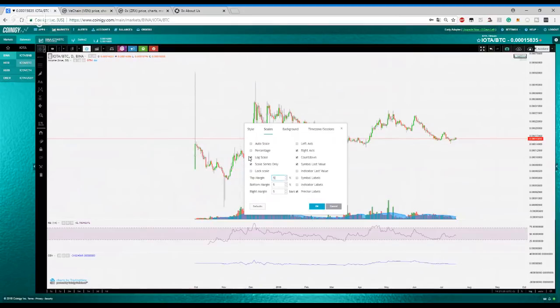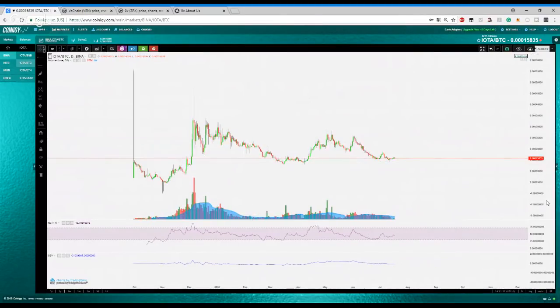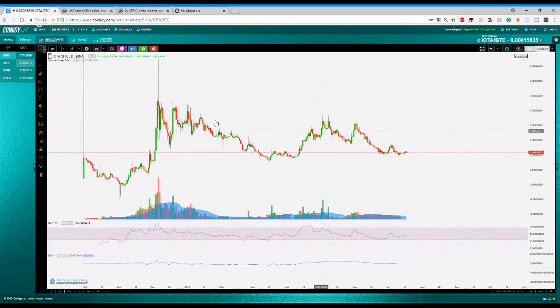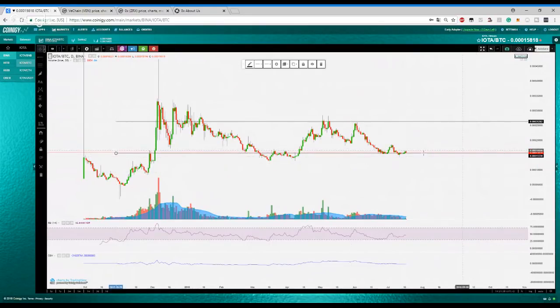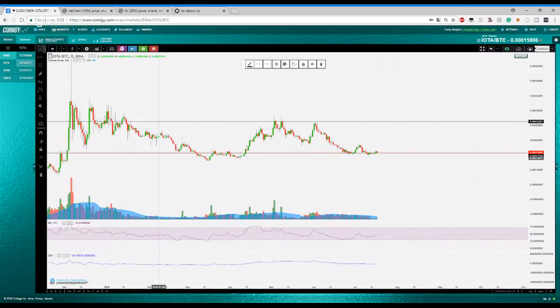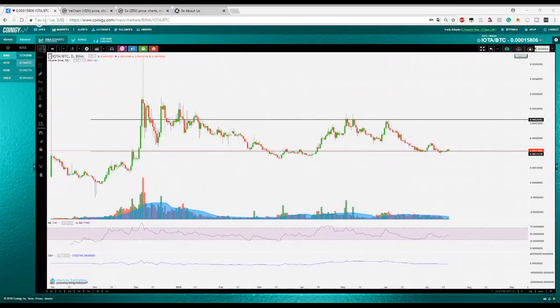Even if we remove the log scale, there's not a lot of info that this chart will give us, other than that it is wise to swing trade this. So buy at this range, sell at the range of 26,000, something like that. The indicators are just being stable. There's nothing special about the volume. So, there's not much I can say about this at this very moment.